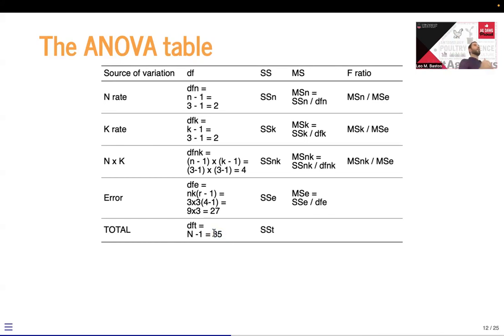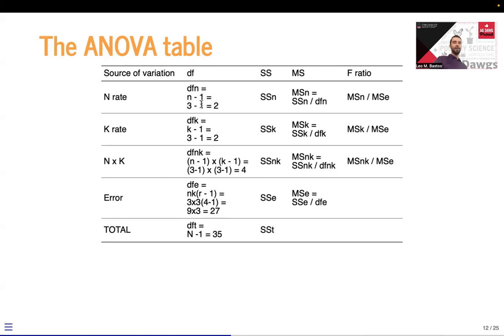So now let's see how we are spending these degrees of freedom to learn about the data of this study. We have the main effect of nitrogen, main effect of potassium, their interaction, and the error term. Let's look at the degrees of freedom of each one of these sources. For each one of the main effects, the formula is the number of levels of that effect minus 1.